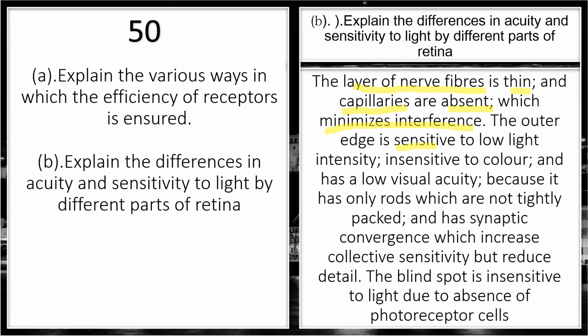The outer edge is sensitive to low light intensity, insensitive to color, and has low visual acuity because it has only rods, which are not tightly packed, and has synaptic convergence, which increases collective sensitivity but reduces detail.